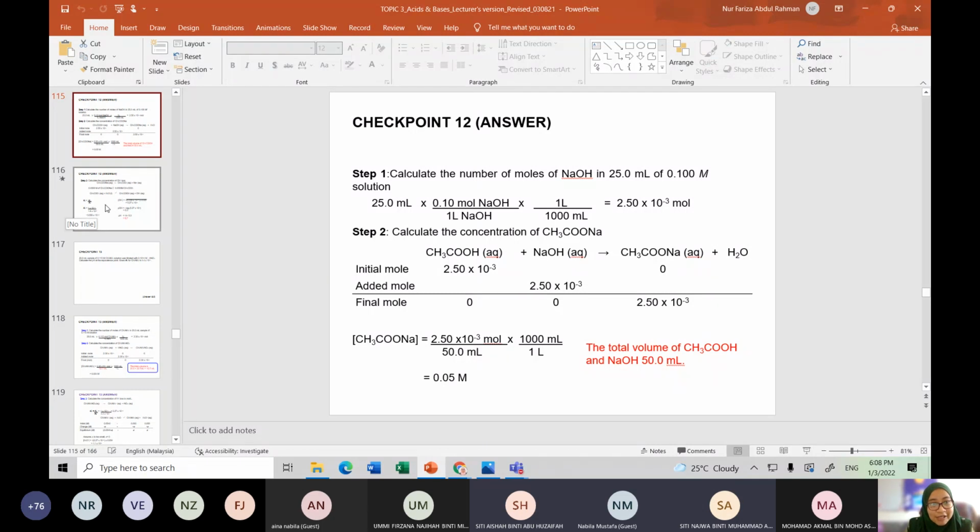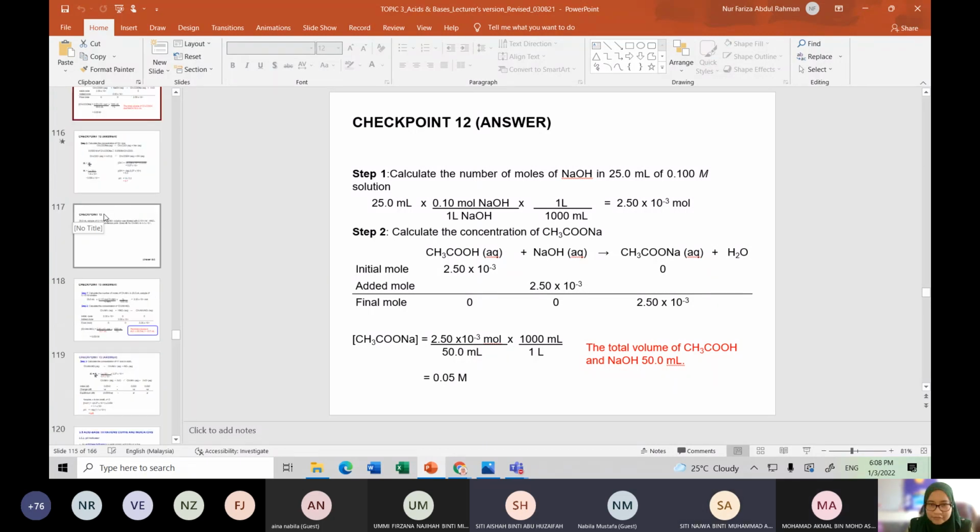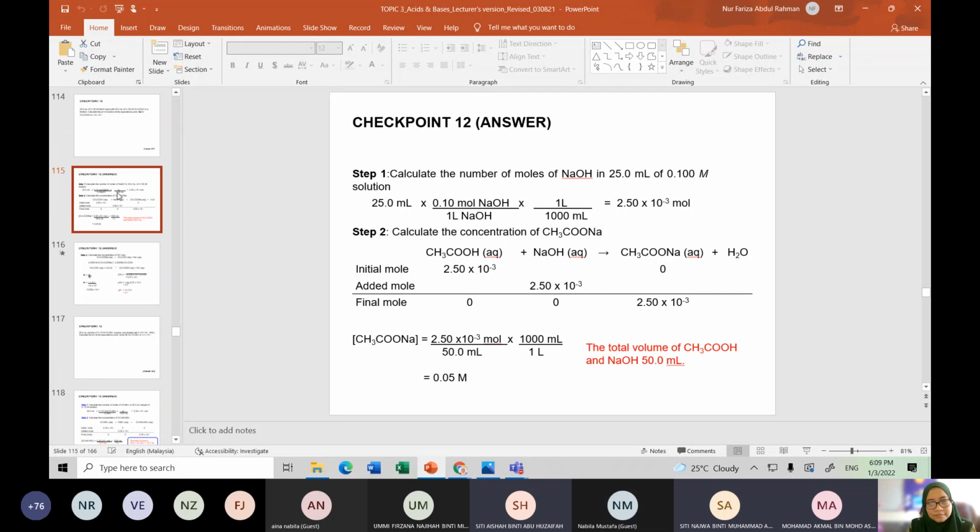Okay, lagi ada soalan? Madam. Any question? You guys have to try this one. Ya. Equation yang wajib ada untuk question ni, so dua je lah kan. First yang equation untuk titration tu, dengan second yang salt dissociation tu je lah.